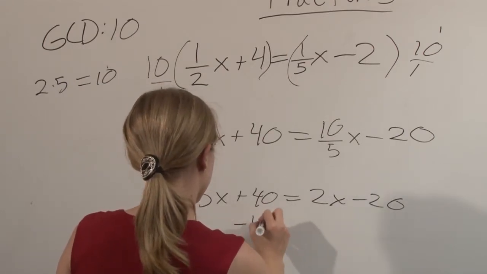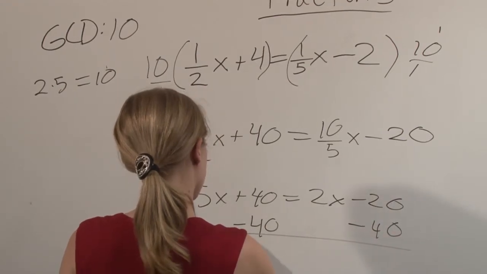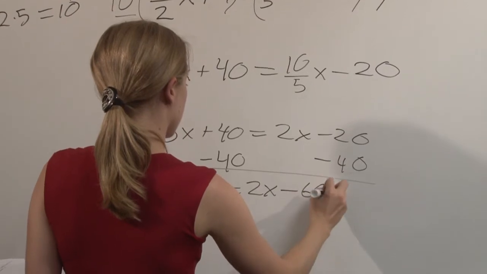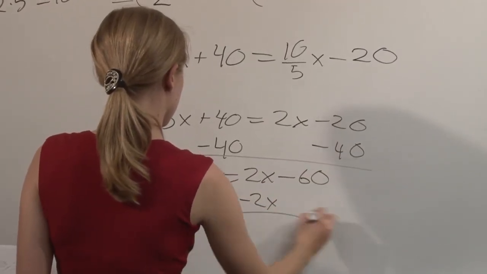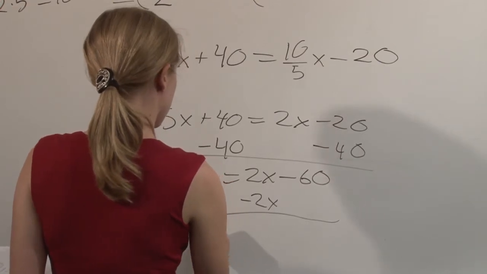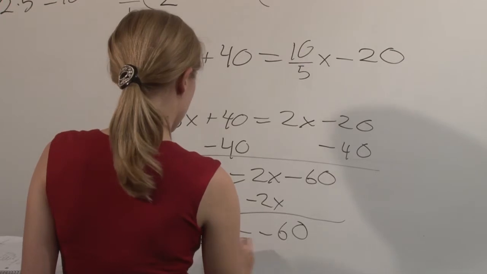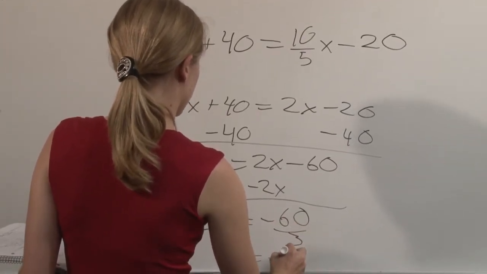Then I'm going to solve for x. So now I'm finally going to get x equals negative 20.